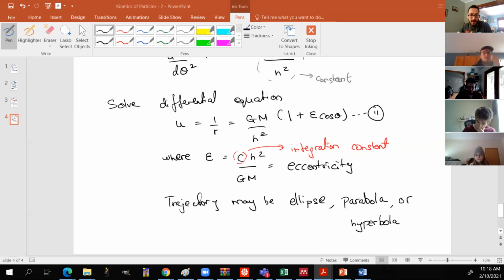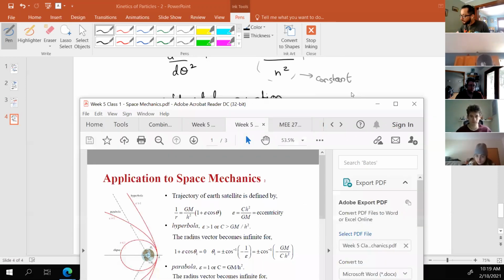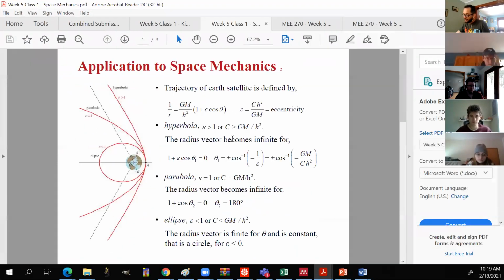With that, if you go to your notes online, you'll see there are additional notes on space mechanics, which tell you under what conditions you get an ellipse, a parabola, or a hyperbola.